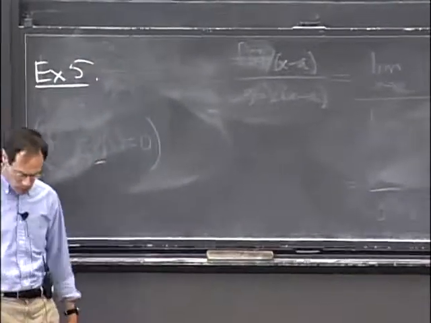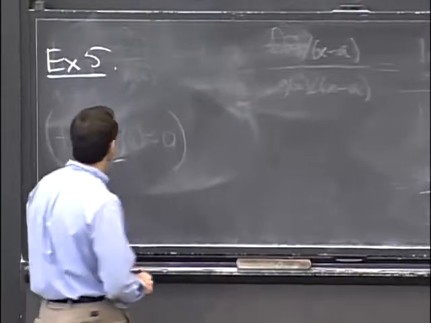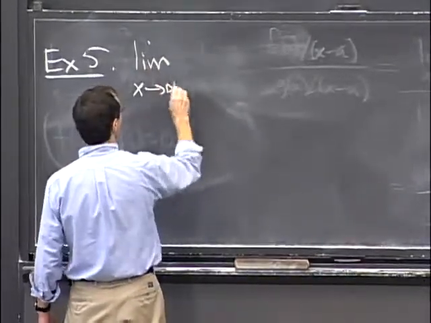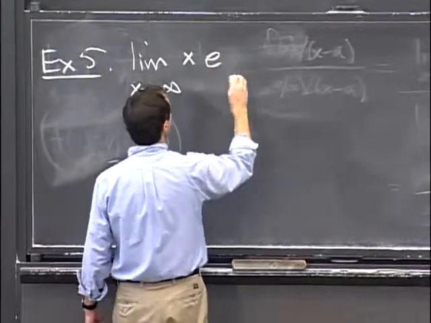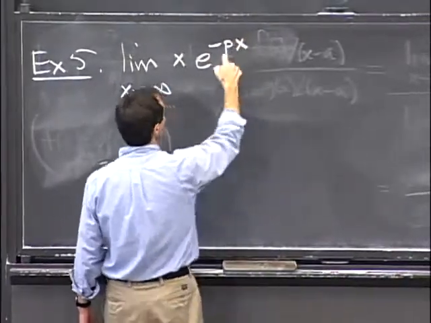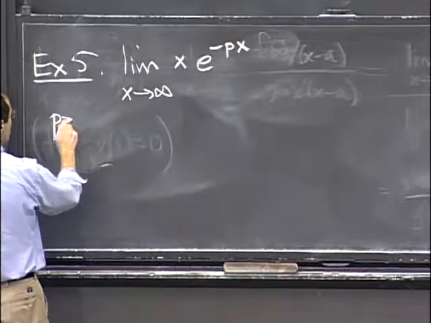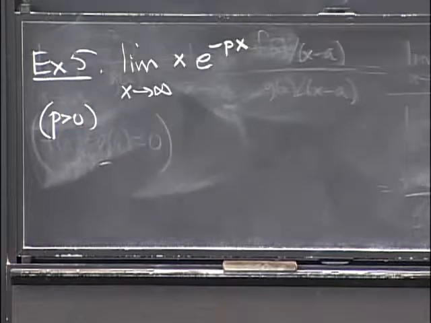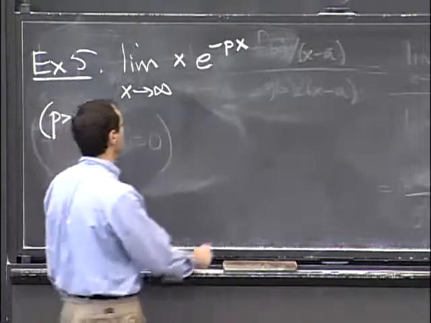So let's see, which one do I want to do first? I wrote down the limit of x e to the minus x, but I'm going to make it even more general. I'm going to make it any negative power here, where p is some positive constant. Now again, this is a product of functions, not a quotient, a ratio of functions.